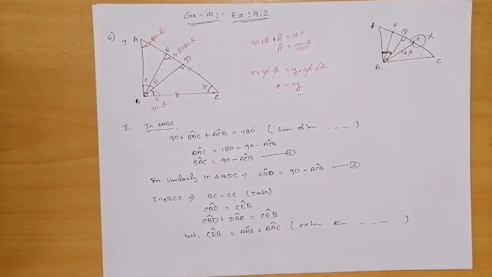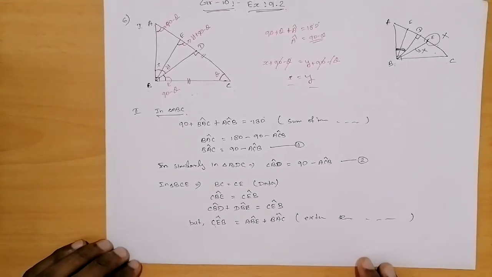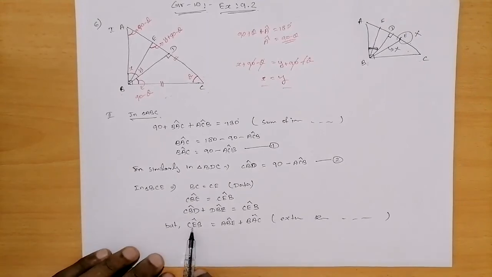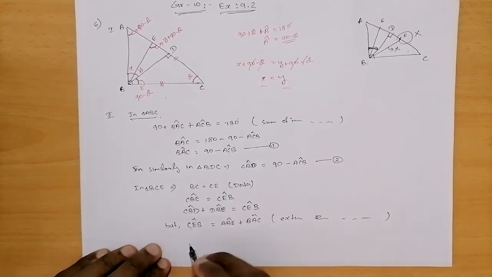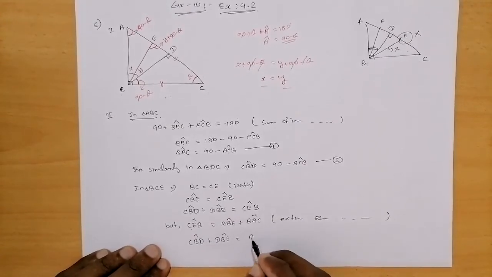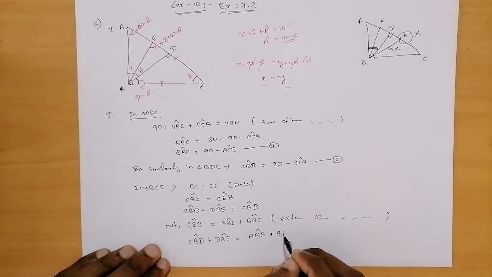That is the full form. So we can substitute ABE plus BAC instead of CEB. So CBD plus DBE is equal to ABE plus BAC.